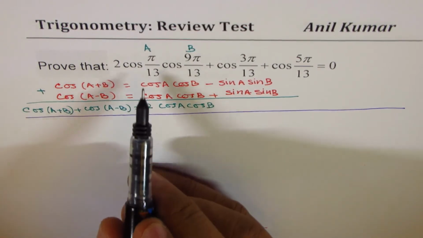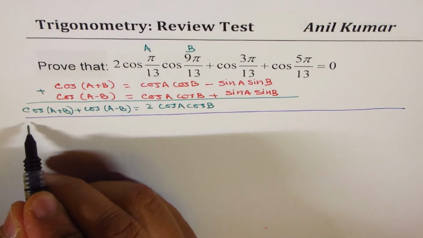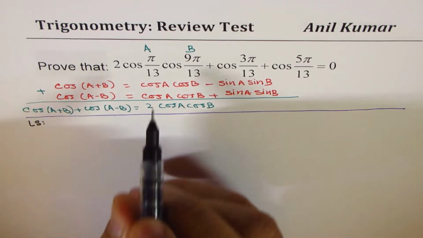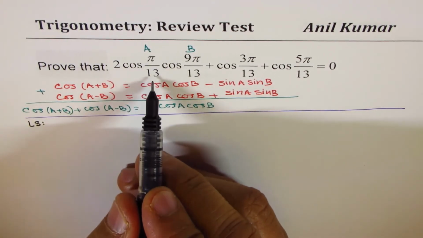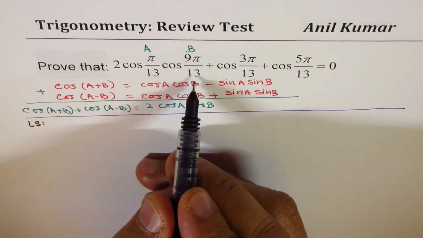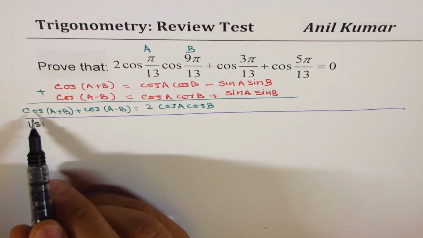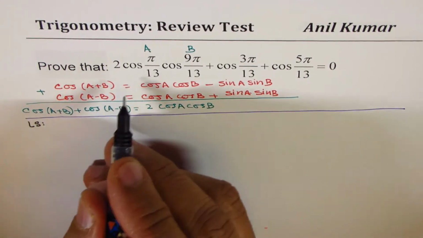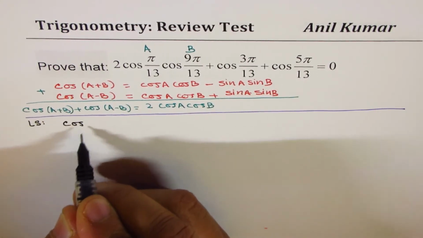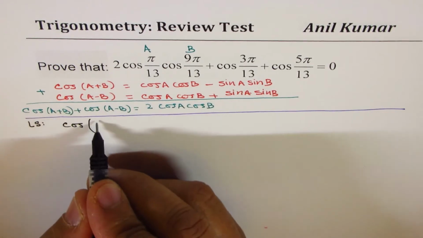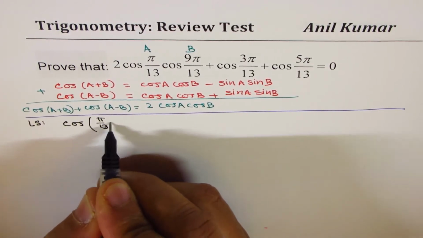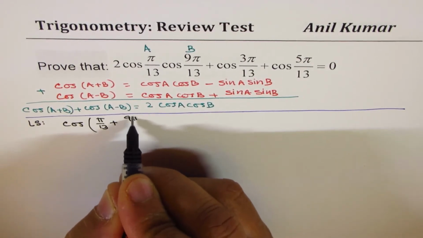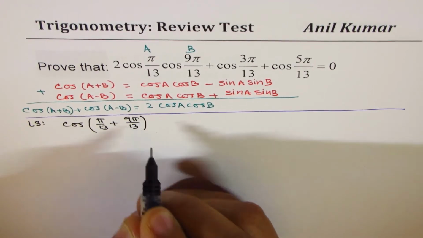So you can pause the video at this stage and then solve and check with my solution. So I'm replacing the left side, which is twice cos pi by 13 cos 9 pi by 13 as cos(A plus B) plus cos(A minus B), correct? So I could write this as cos of (pi by 13 plus 9 pi by 13). Do you see that?